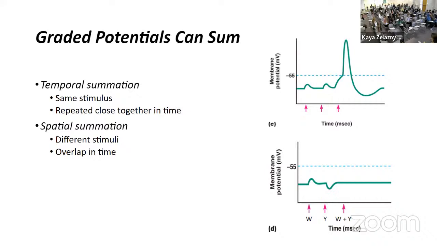All that means is you can take one graded potential and tack it on to another graded potential and eventually get up to -55 by having repeated stimuli in time. This is like another neuron going, hey, hey, hey, do something.